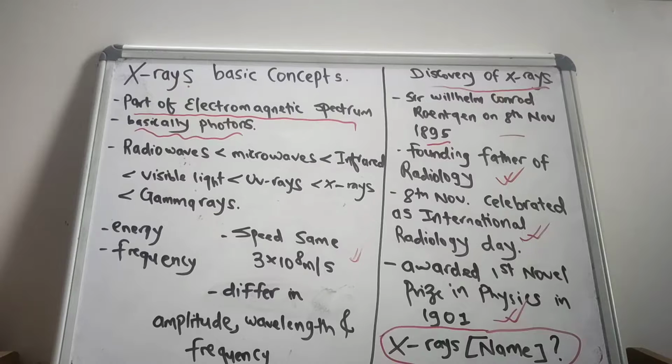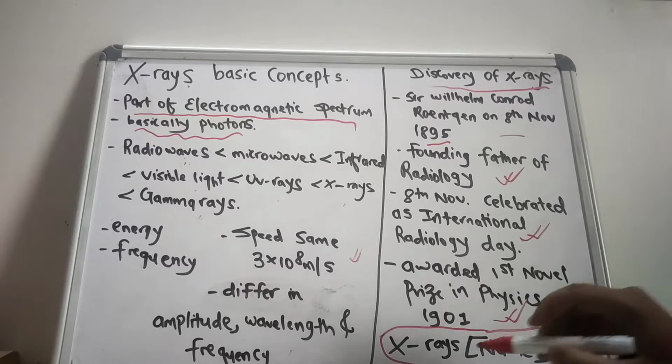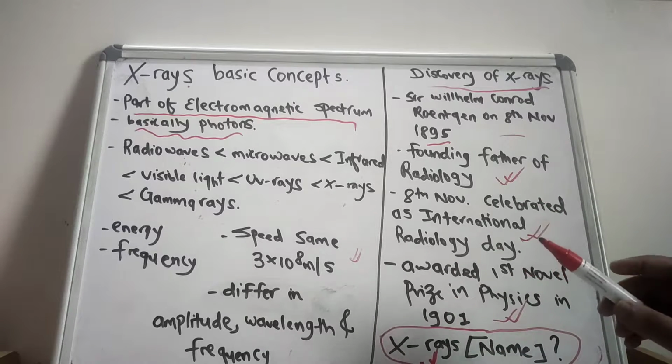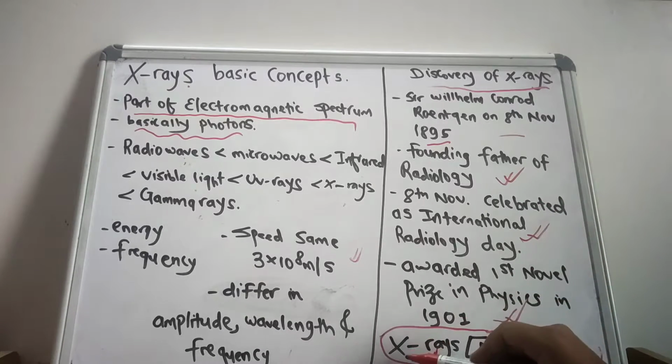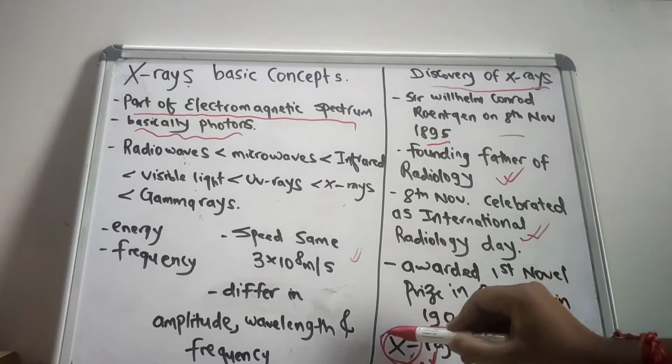On further experimentation, he also found that the new ray would pass through most substances, causing a shadow of a solid object on a piece of film. He then named it the X-ray because in mathematics, X is used for an unknown object or unknown value.